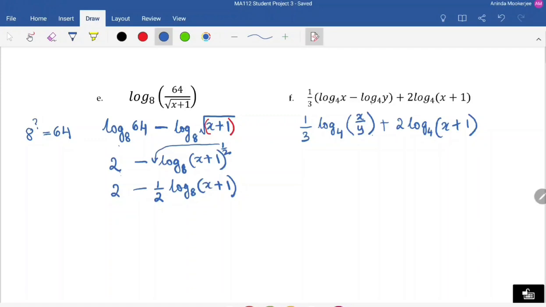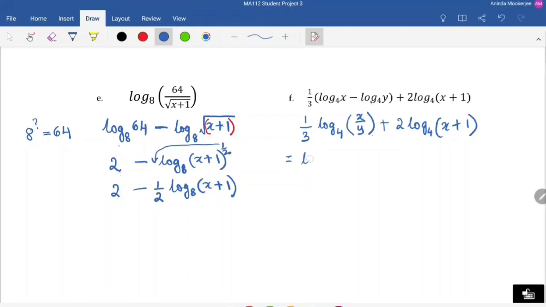Now, in the next step, we have this log multiplied by 1/3 in the first term and multiplied by 2 for this second term. When there is multiplication involved, we can use the power rule and write this multiplicative as an exponent.